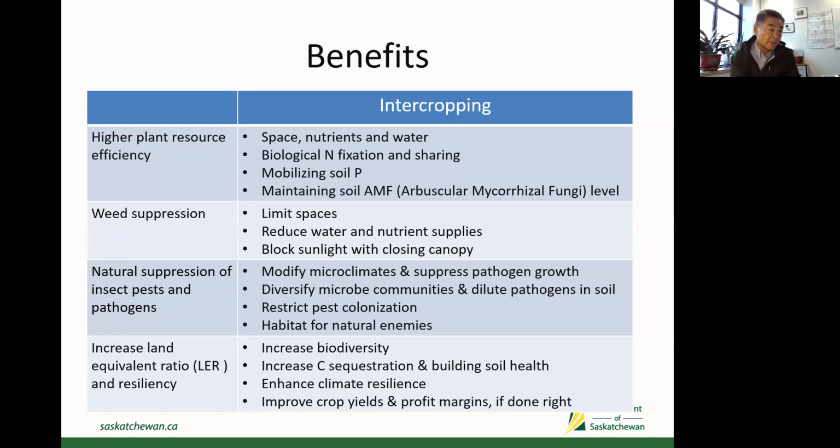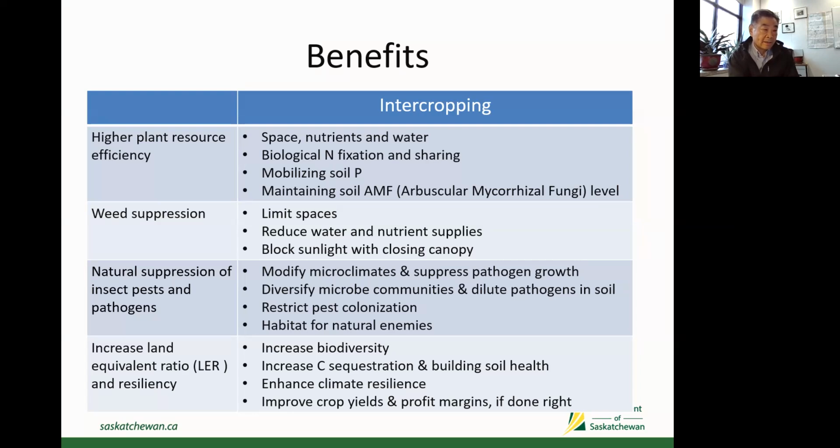And natural suppression of insects, pests and pathogens is another benefit of intercrops. Basically, it's modifying the microclimate and suppressing the pathogen growth. Through this kind of activity, and diversifying the soil microbe community and diluting pathogens in soil, that would reduce crop diseases and restrict pest colonization.